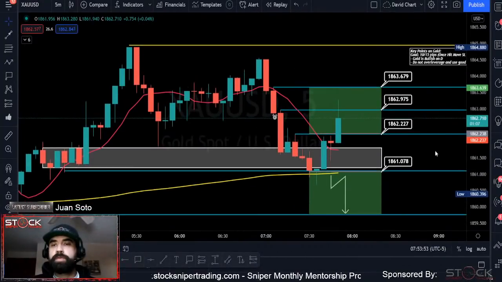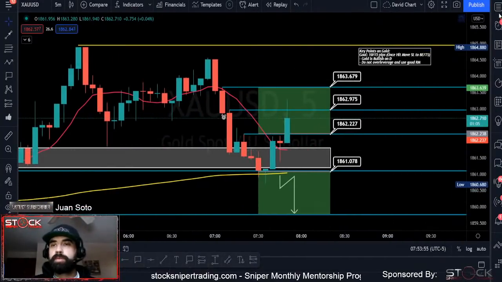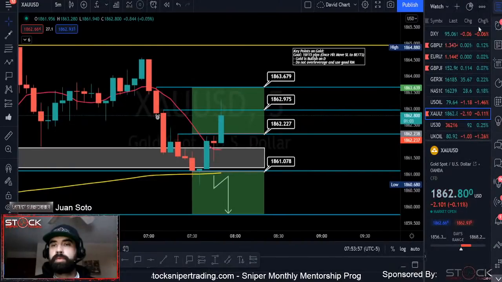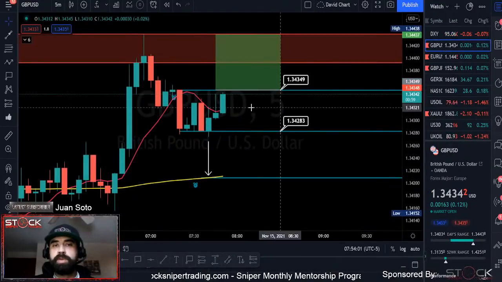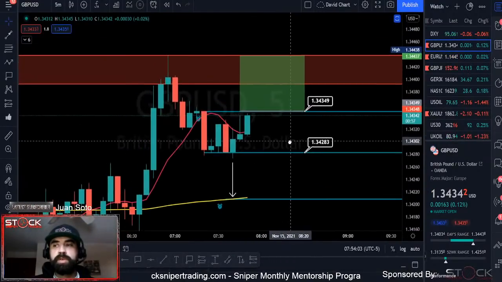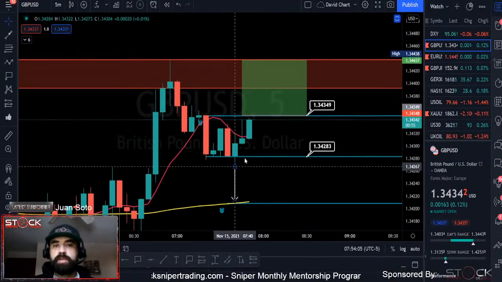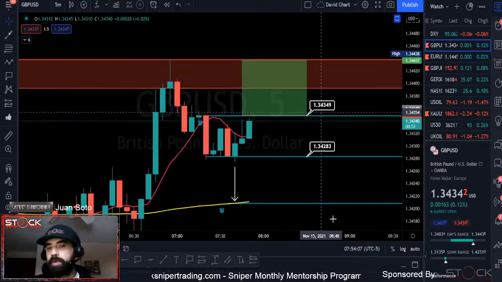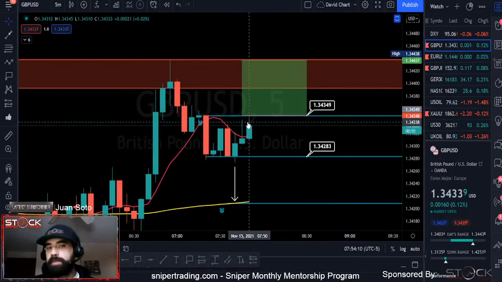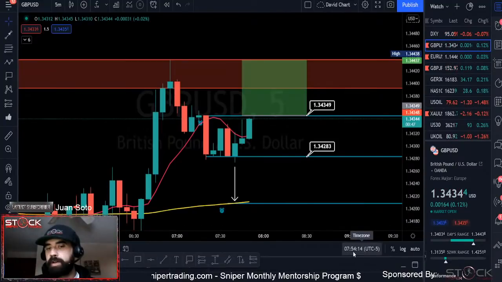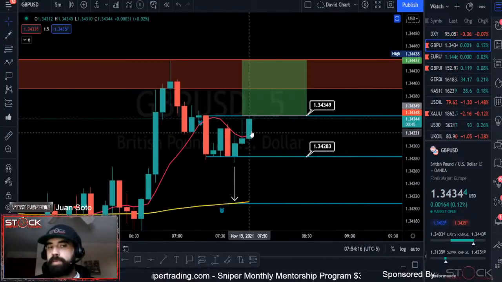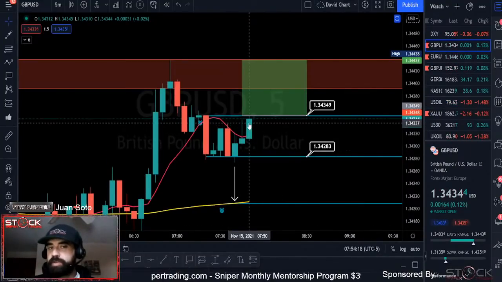So let's check out GU for a sec. Look at GBPUSD, guys. Trying to break that 34349. Personally, guys, if it doesn't break above here before 8, you're looking at 754 here. At 8 a.m. you can have a nice little reversal starting to happen.